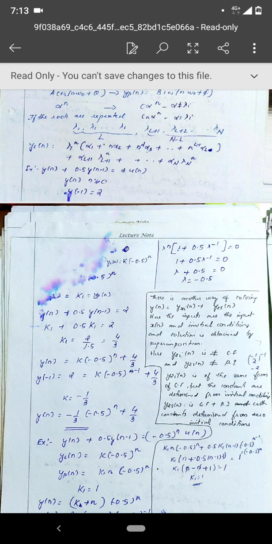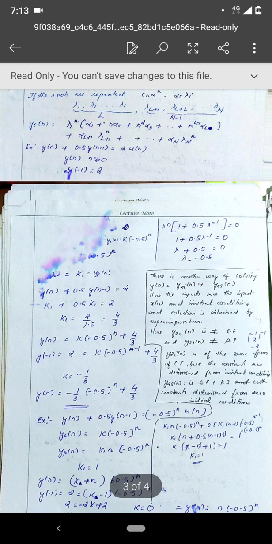Okay, now you have to apply the method, that is you have to first find the complementary solution, that is yc of n. Take the LHS alone, that is y of n plus 0.5 y of n minus 1, equate that to 0 and try a solution lambda raised to n. So when I try a solution lambda raised to n, y of n can be replaced by lambda raised to n plus 0.5 into lambda raised to n minus 1 equal to 0.